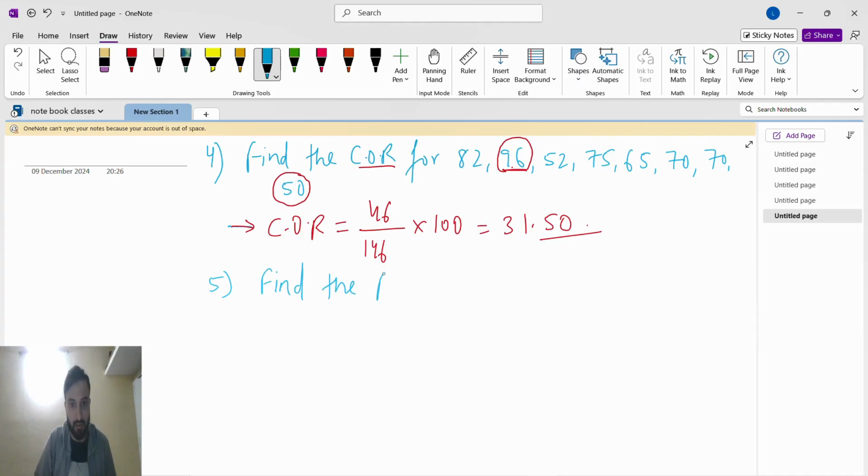Find the range of the following data. Don't get confused, just be patient. Find the range of the following data.